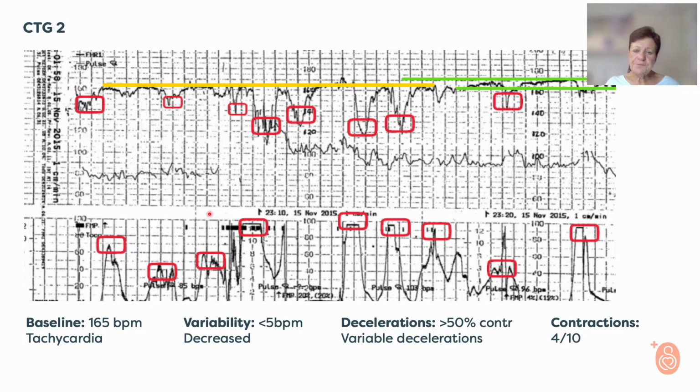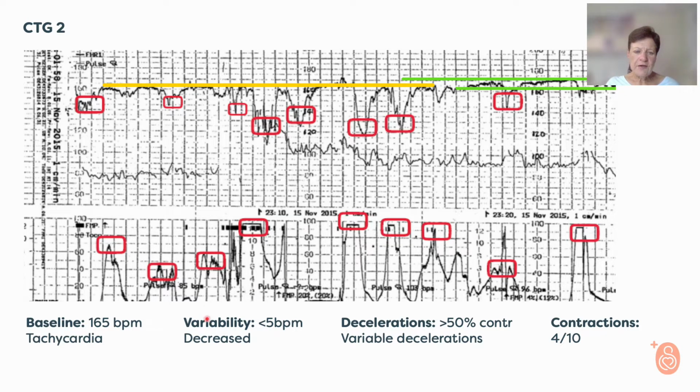So if we look at this, there are decelerations with less than 50% of the contractions in this case. Now, obviously, we need to see a little bit longer, we need to see a little bit more of this CTG tracing to see what's going on here and to see what's going on with the contractions.